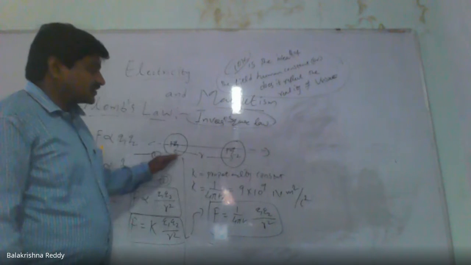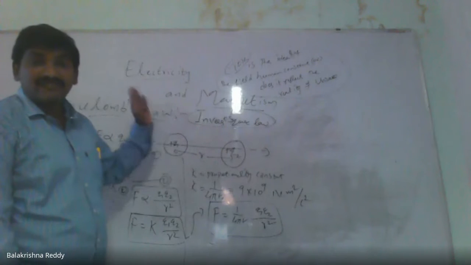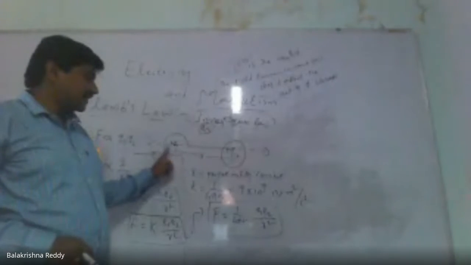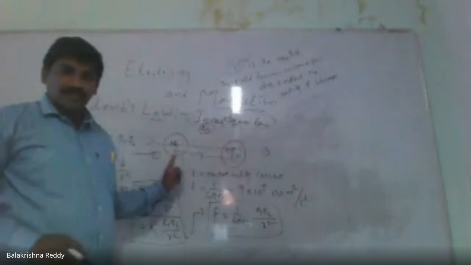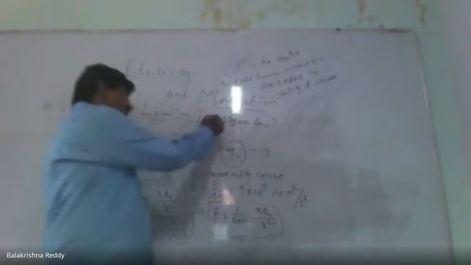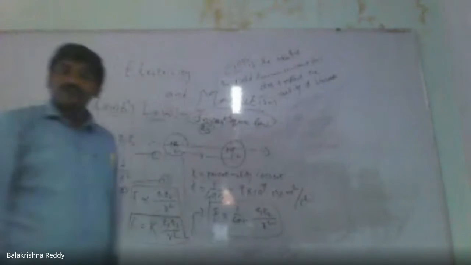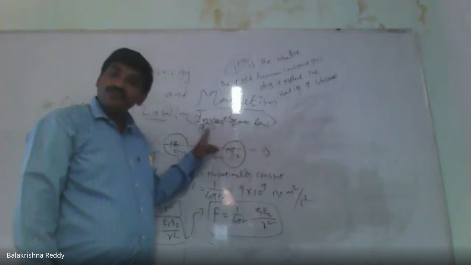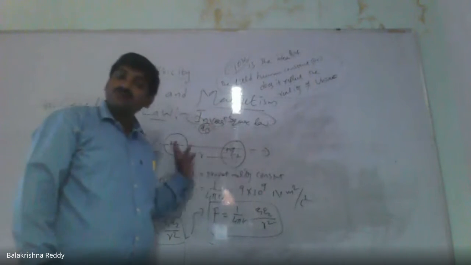It always acts along the line joining the two charges. The force acting between two charges is independent of any other charge placed in that area. If I place Q3, it will not affect the force acting between these two charges. It may have a force between Q3 and each of these, but individually it will not affect the force between these two.